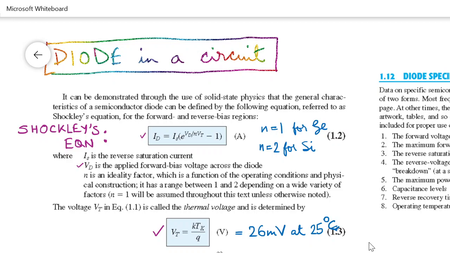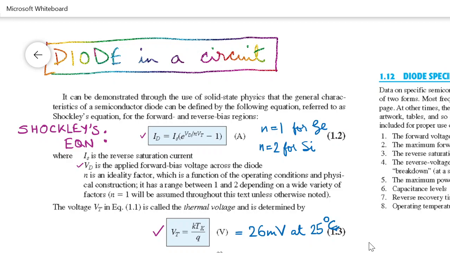if someone has their scientific calculator ready by the side, they can verify that it comes out to be about 26 millivolt. So you may remember VT as 26 millivolt, because otherwise you have to remember the Boltzmann constant, which we generally don't remember.